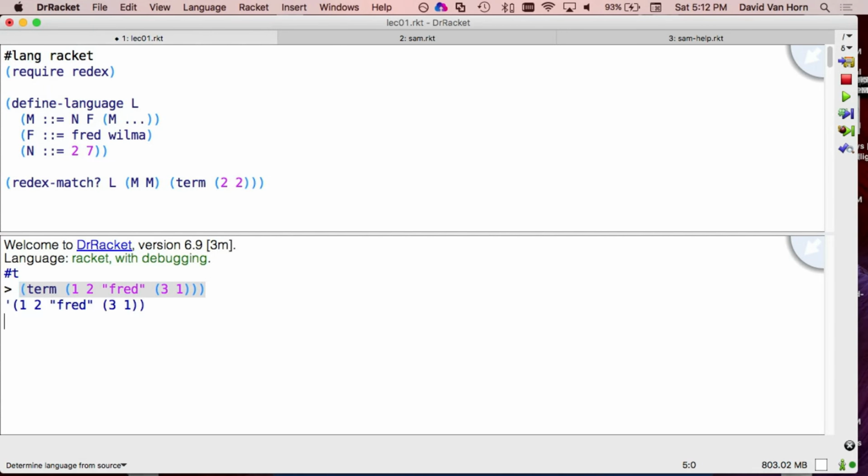All right, and they are terms. If anybody here has ever programmed in a language in the Lisp family, you can think of term just like quote. It's saying that the subform here is literally the data that I'm writing down. I'm not applying 1 to 2 and Fred and so on.